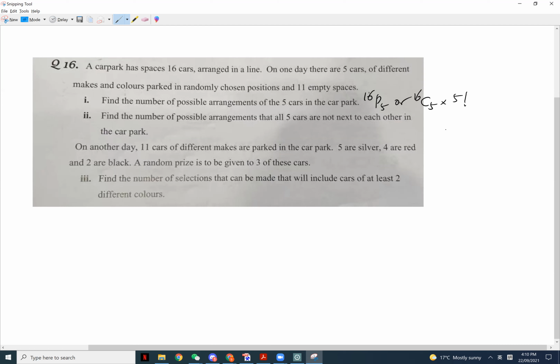You choose 5 car parking spaces and then arrange them. This example actually gives you the difference between P and C. If you don't arrange, just C. Okay, question 2.